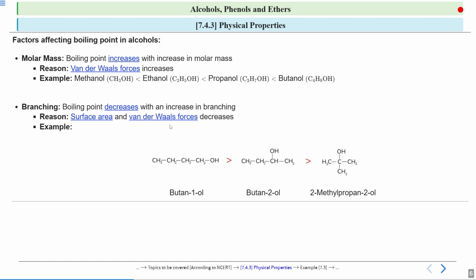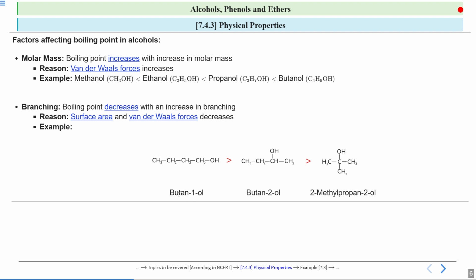Okay, now let's come to what I was telling, that the boiling point decreases with increase in branching. So that means 2-methyl propane 2-ol has the most branching. Since it has the most branching, the surface area will decrease. If the surface area decreases, that means the van der Waals force will also decrease.